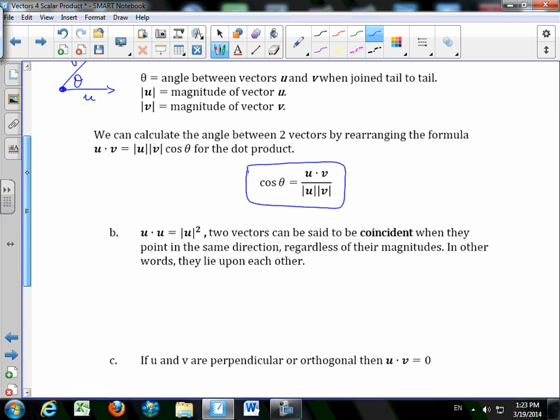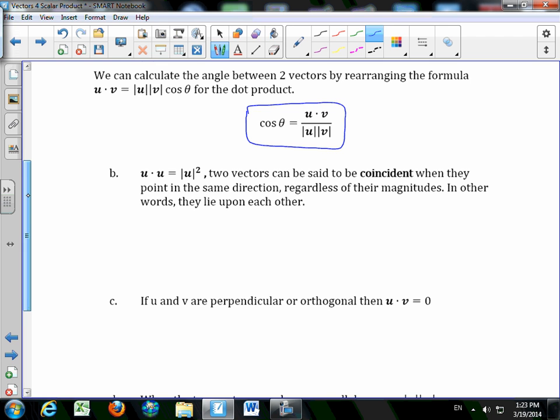Now, some other properties that come up: if you have two vectors that are going in the same direction, two vectors can be said to be coincident when they point in the same direction regardless of their magnitudes. In other words, they lie upon one another. So if you have a vector going in this direction and then another vector going in that direction, those are coincident vectors.